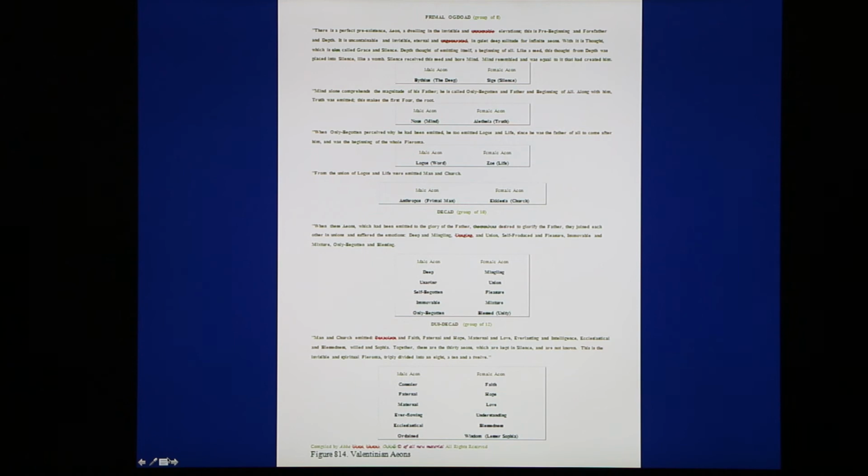And if you look at the names, I start with the Bythos, the deep, and Sige, silent, so the male and the female.